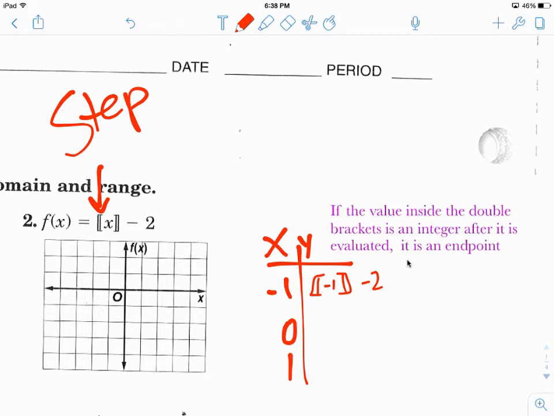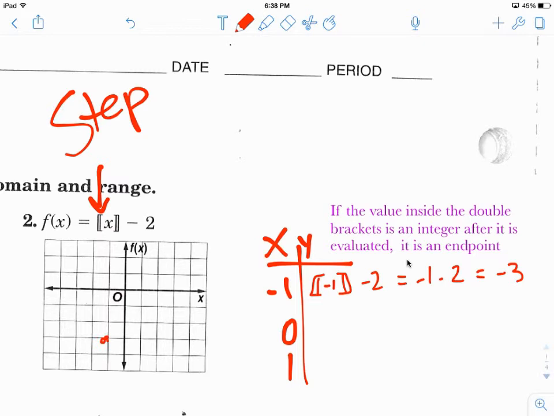Well, the greatest integer at -1, what that means is if I'm going up the ladder or the x-axis, I'm going up and I get to -1, the greatest integer I've crossed so far is in fact -1. And when that happens to be an integer, we're going to end up with a solid endpoint. Okay? So the ordered pair point, -1, -3 is a solid endpoint. Okay, so it's going to be right there.